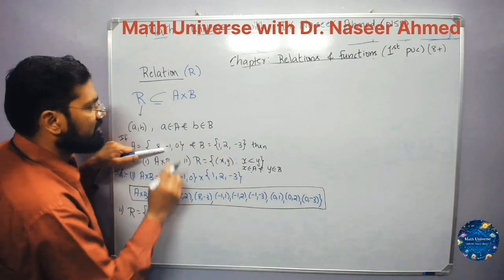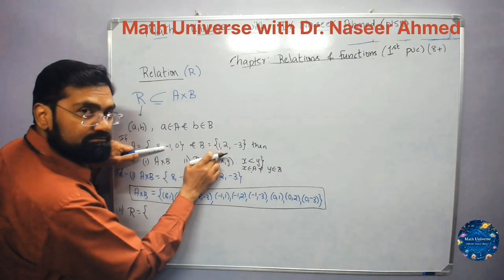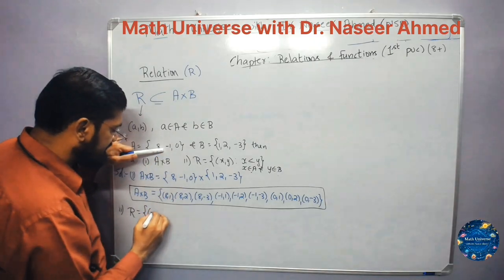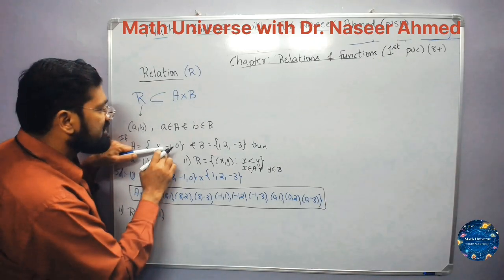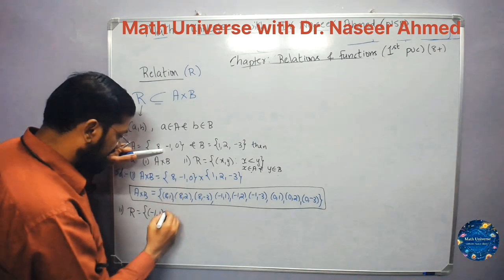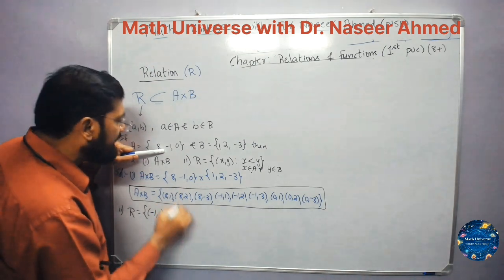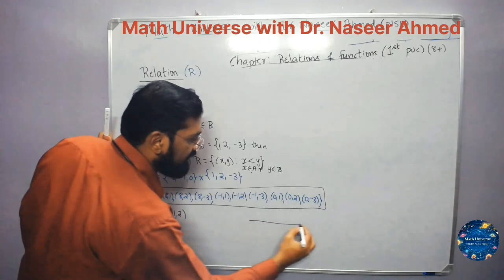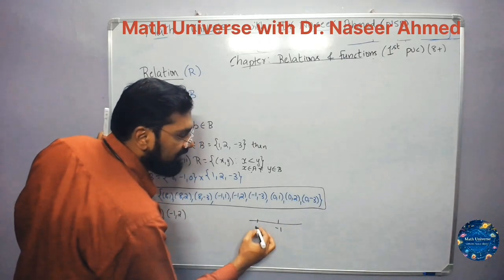Okay, now take minus 1. Is minus 1 less than 1? Yes. Is minus 1 less than 2? Yes. Is minus 1 less than minus 3? Think for a while. See the number line? Minus 1 is here, minus 3 will be to the left.